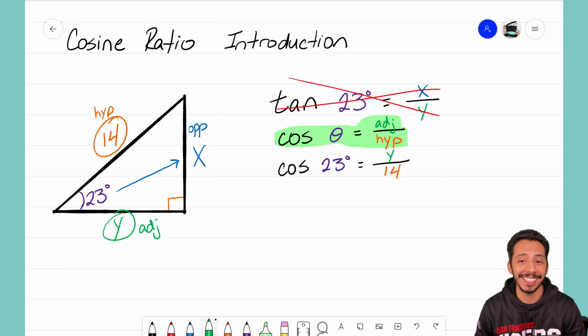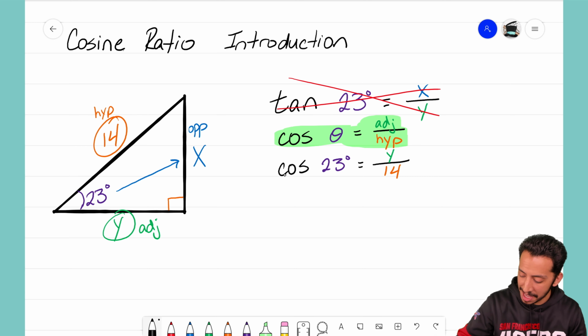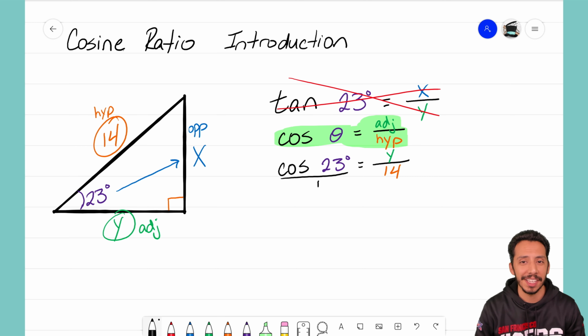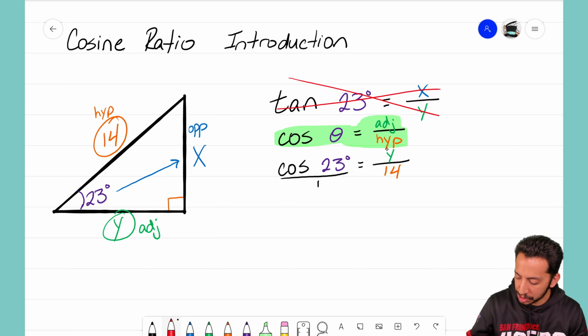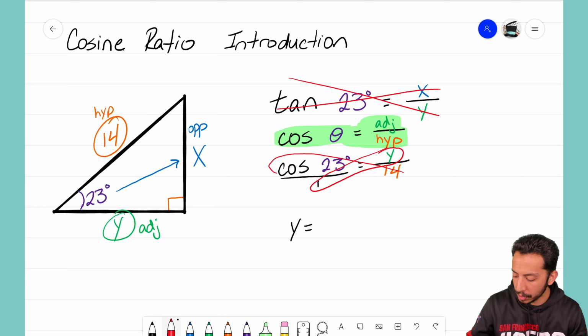So now again, just like tangent, just like sine, we have our equation with one variable, so we can definitely solve this. Let's put this guy over 1, let's cross multiply, and let's solve for y. So let's see, y times 1, that will give me a value of y equals 14 times cosine of 23.